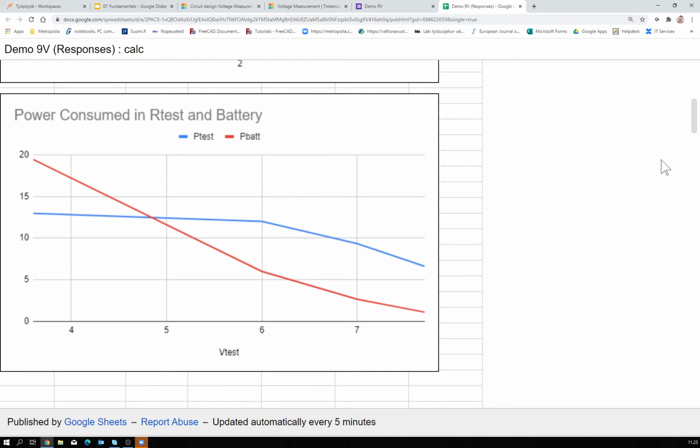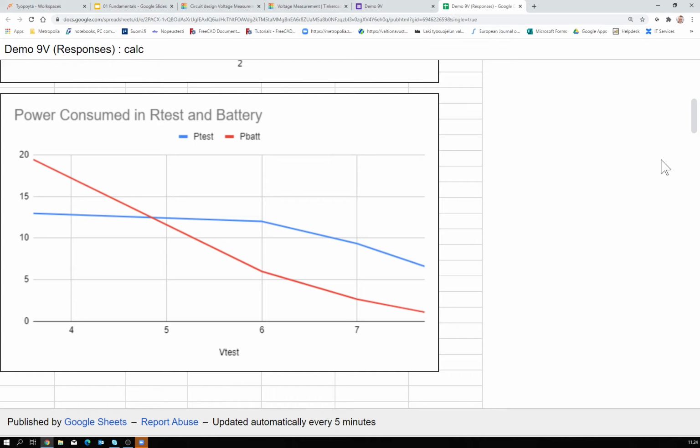So practically around 4.8 volts there is a point where the battery consumes the same amount of power as the test resistor, and it should be at 4.5 volts using this test. So remember always that when you are measuring this output resistance, you don't want to stretch that output too much.